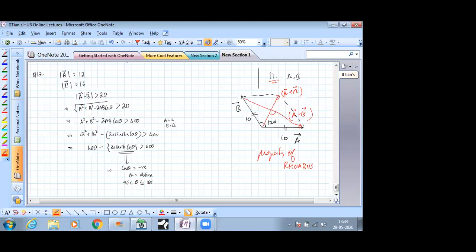And option D is correct when theta is an acute angle, whereas theta here is an obtuse angle. So C and D are not correct. And in any case, C and D cannot be simultaneously correct. Okay. For C, theta should be 90 degrees, but here that is not the case. For D, theta should be less than 90, but that is not the case here. Theta is 120 in the case of 11.